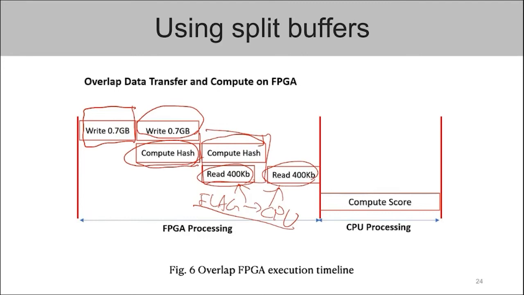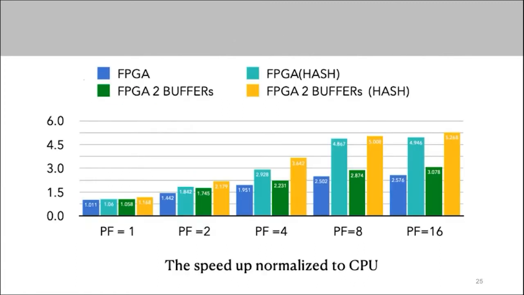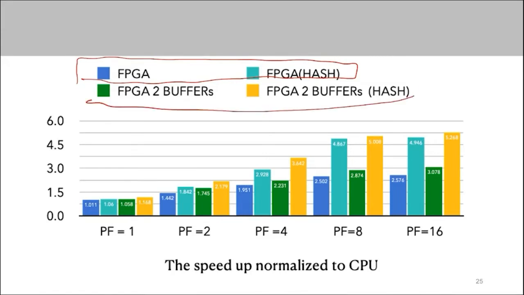And yes, it did. For example, here the upper legend is with 1 buffer, and the lower part is 2 split buffers. And you can see at lower parallel function, I think it's a compute bound situation.